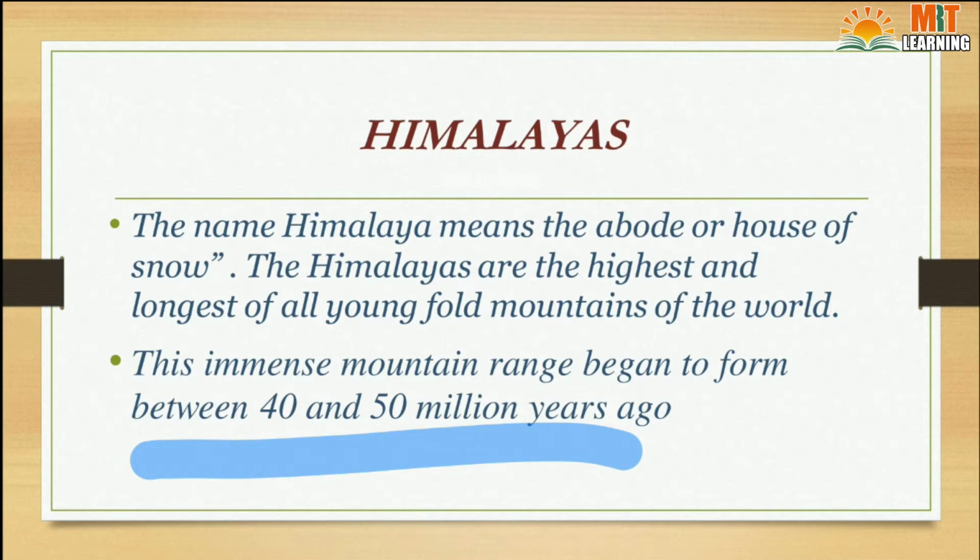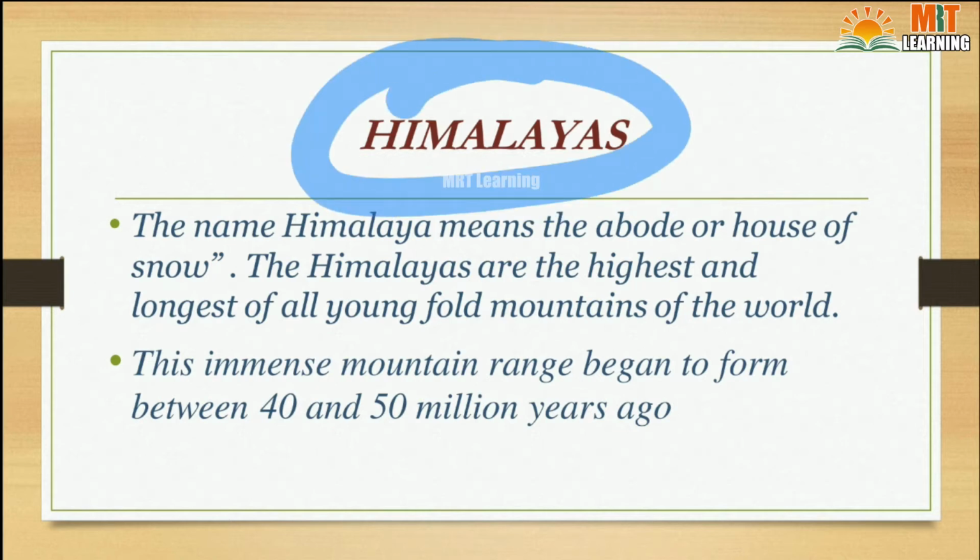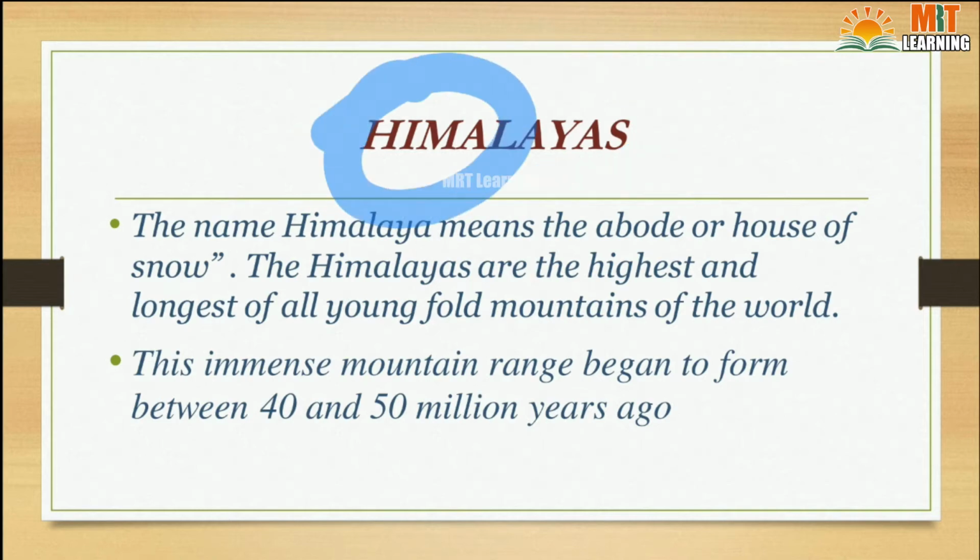During that time, the sediments in the Tethys Sea were uplifted and formed the Himalayas. Those are all folded mountains. In Sanskrit, Hima means snow.